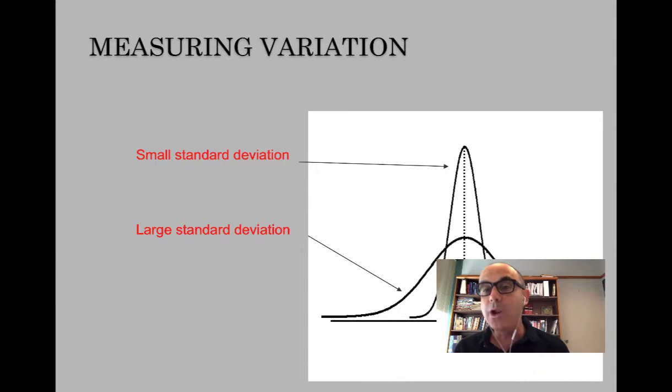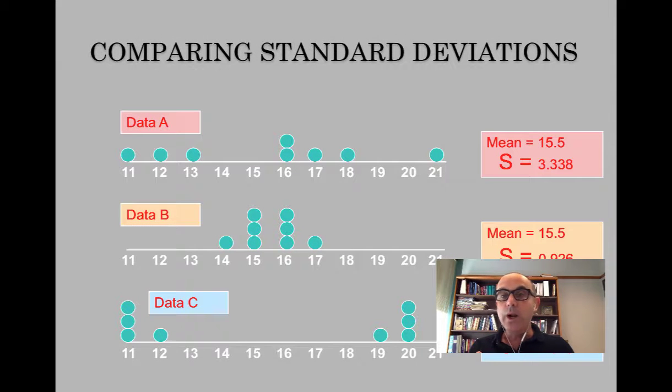When we are looking at the visual aspect of it, we might have a small standard deviation or a large standard deviation. And when we are trying to compare standard deviations for different sets of values, you can see how the standard deviation has an effect even when the mean is equal for all three sets.